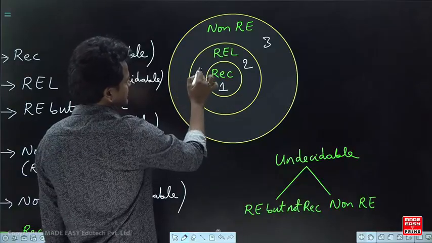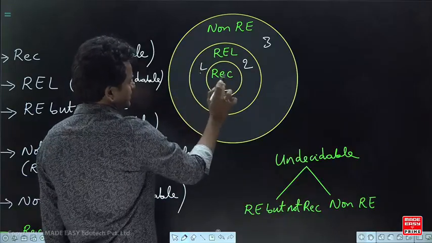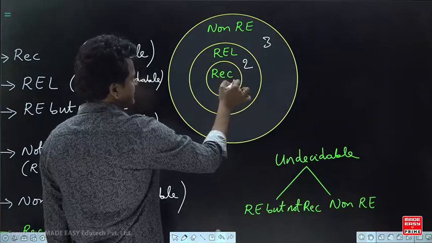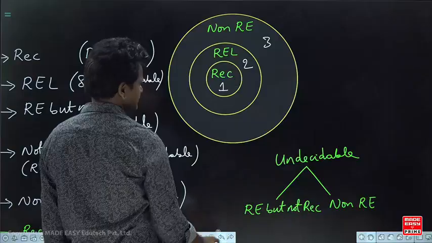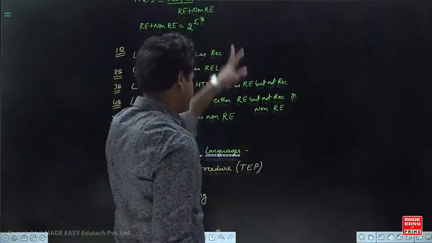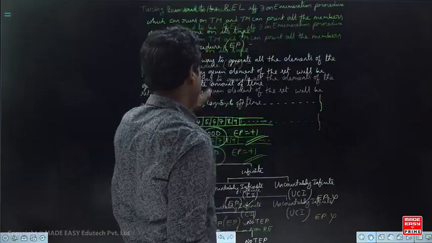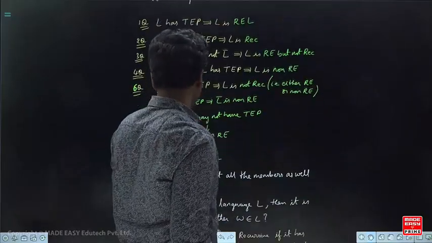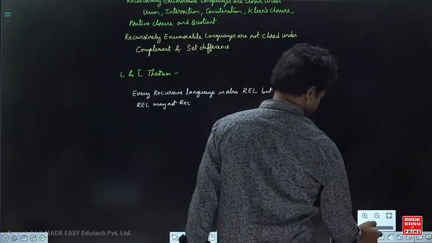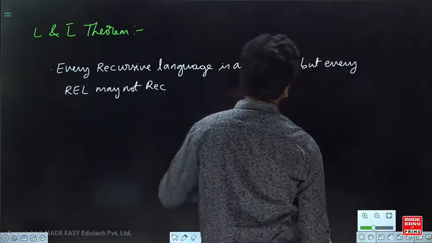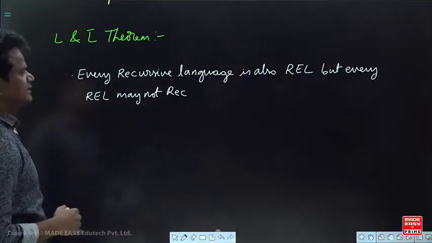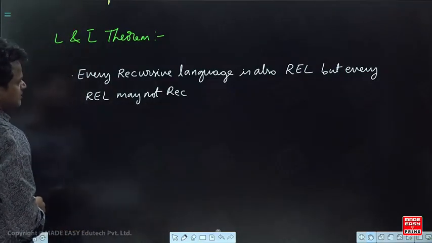So it is RE but not REC. Whereas if a language is here, it is REC and also RE. So every REC is also RE, but every RE may not be REC.